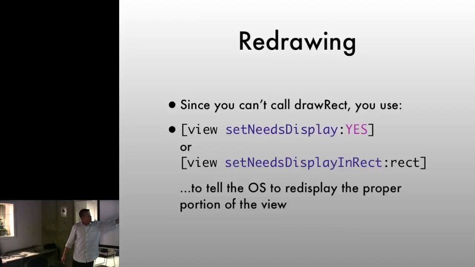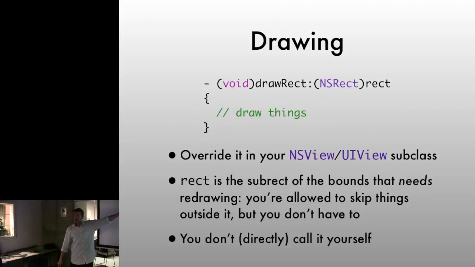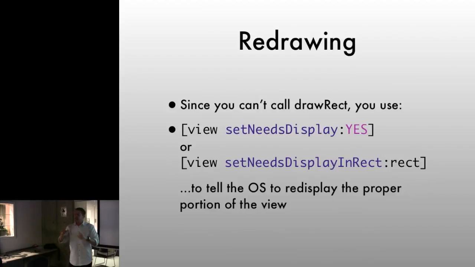Calling setNeedsDisplay yes means send it the entire bounds, and drawRect will be called with the entire bounds, and you can refresh the entire view. If you only need to redisplay a portion, say you're working on optimization or need some performance enhancement, you can pass setNeedsDisplay in rect.